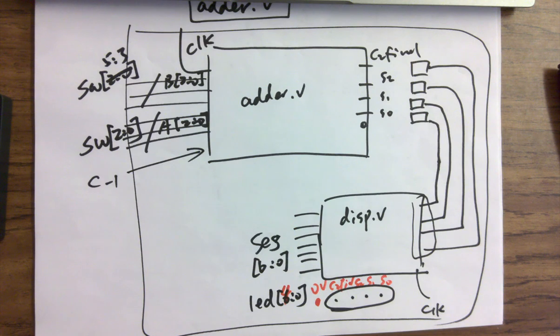Number 4: are you allowed to update a counter or AN at the same time in these blocks? Explain why. So what that means is you have different always blocks, right?